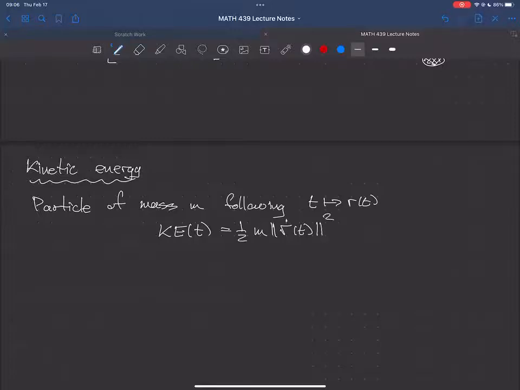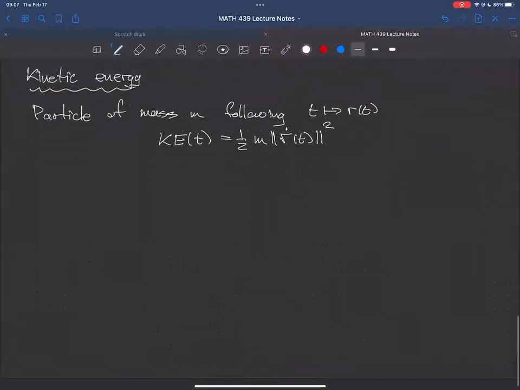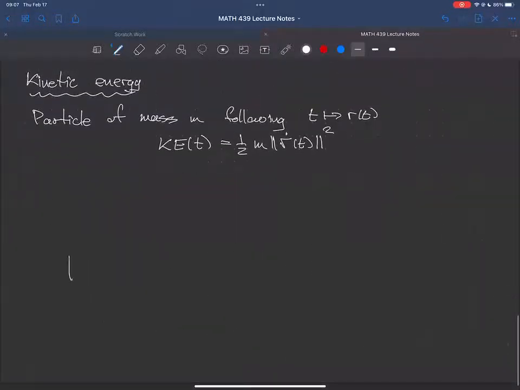And the norm here that I'm using is, of course, the standard Euclidean norm. All right, but what we want to do is talk about the kinetic energy of a rigid body. So I have a rigid body which is moving.